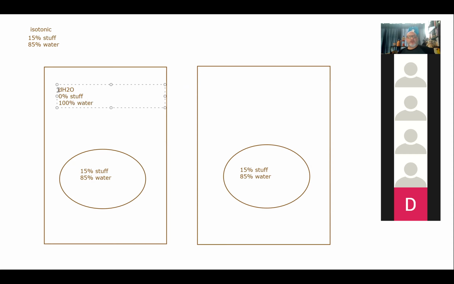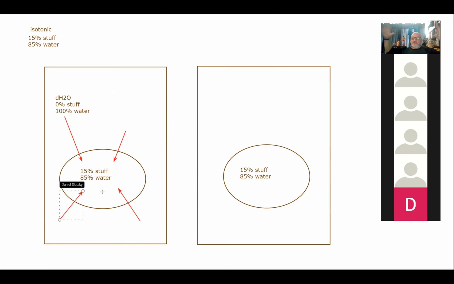In this case, we don't have a balance anymore, right? And water is going to move. And which way does water move? Inside. Yeah, down its concentration gradient, or to where there's more stuff. Again, both are equally easy ways to describe that. Causing the cell to swell up, and if it swells up enough, it will burst.